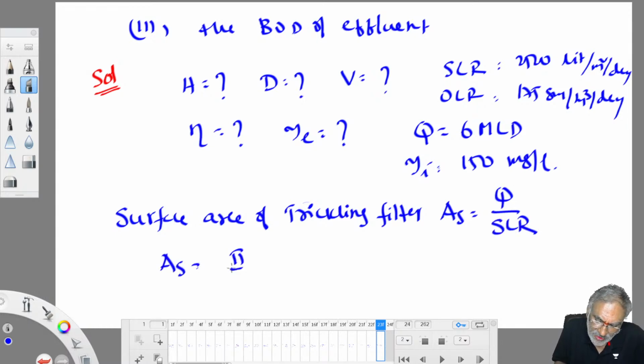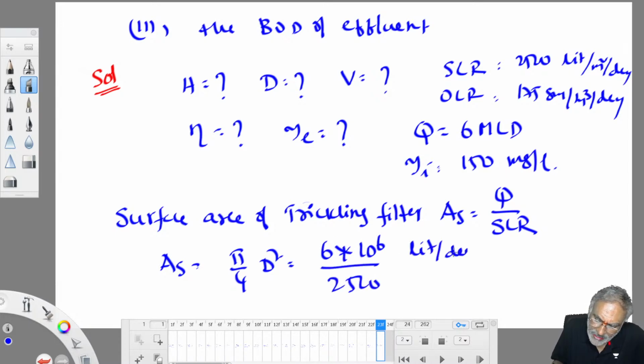So surface area is equal to pi by 4 d square, which is equal to 6 into 10 power 6 by 2500, liters per day by liters per meter square per day. Come on, how much is it? So it is 2400 meter square.